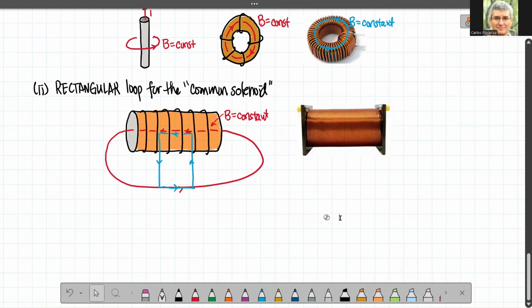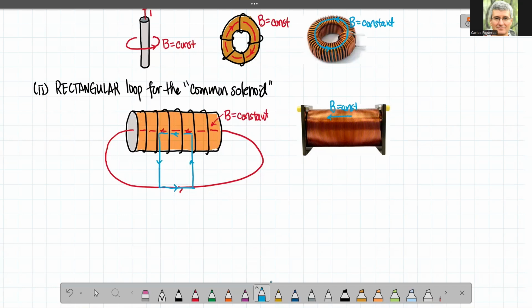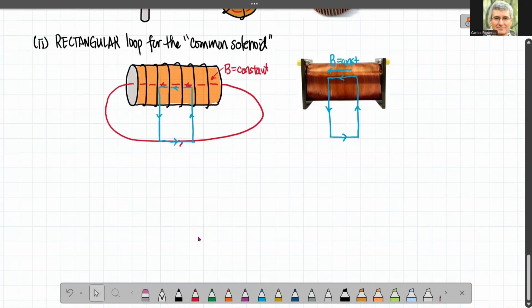Well, we know that inside of here, we have a magnetic field where B is equal to a constant. So our path includes this path that looks something like this. So that's going to be our direction of the path.